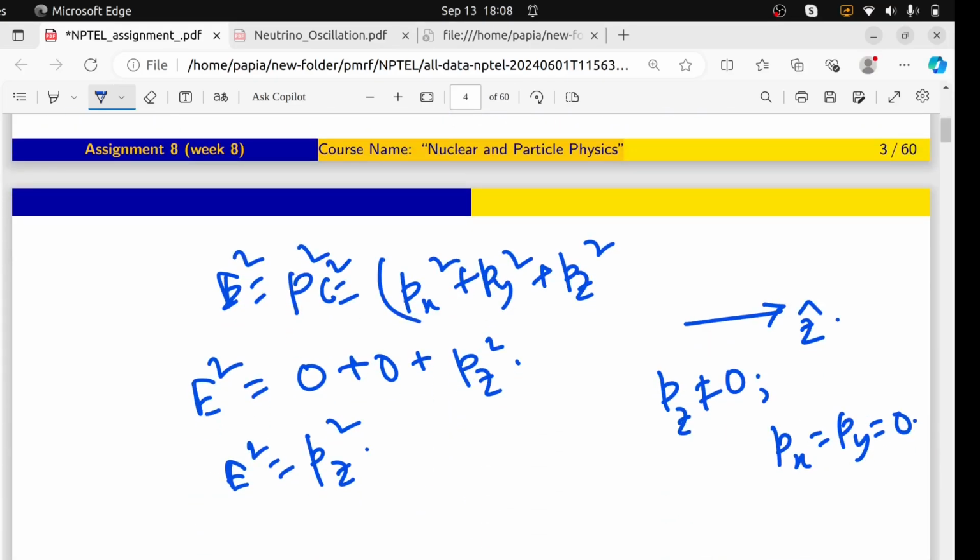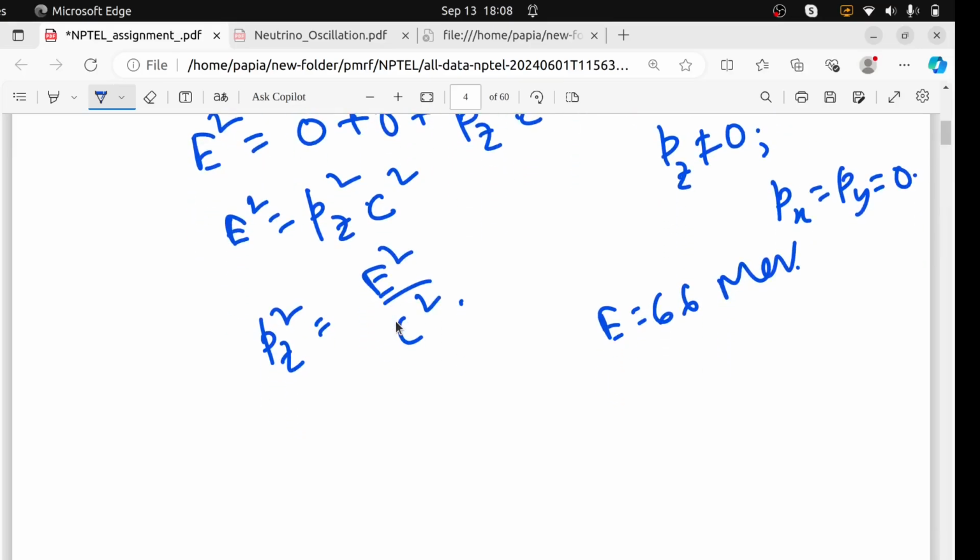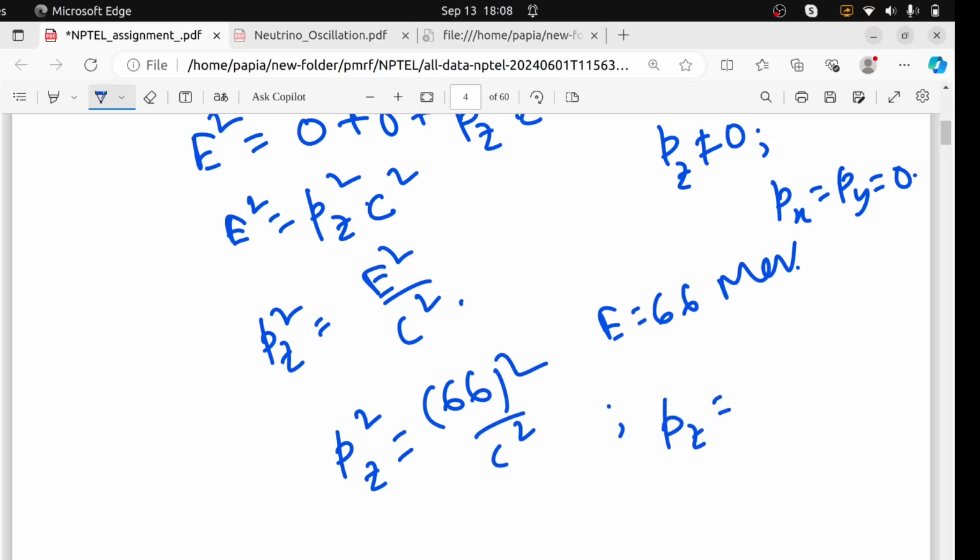So now Pz square will be E square by C square, and E is 66 MeV. So Pz will be 66 square divided by C square. So Pz is nothing but 66 divided by C.